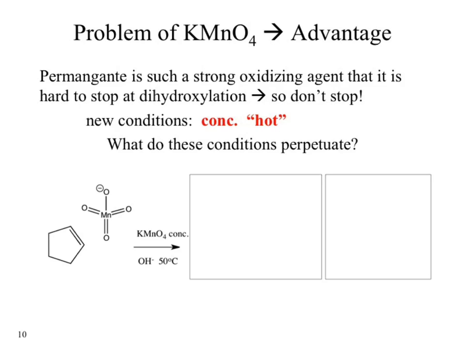So what are these conditions going to perpetuate? What's the first thing that happens when you put permanganate with the alkene? Hint, it's the part you're responsible for knowing. We end up forming that cyclic intermediate.